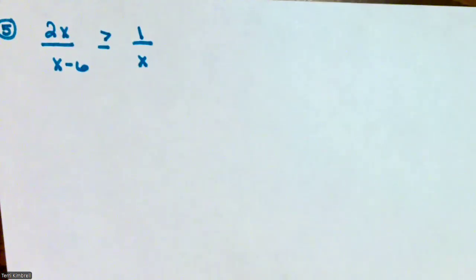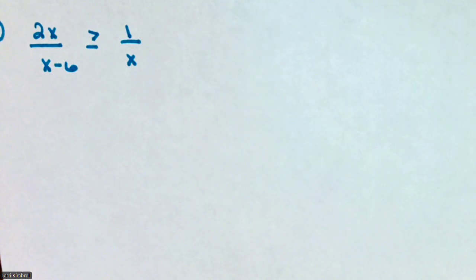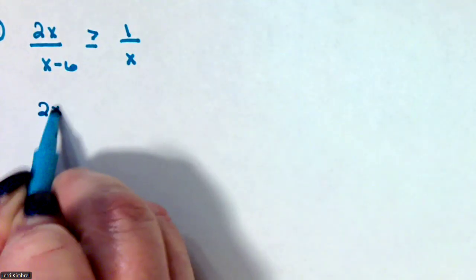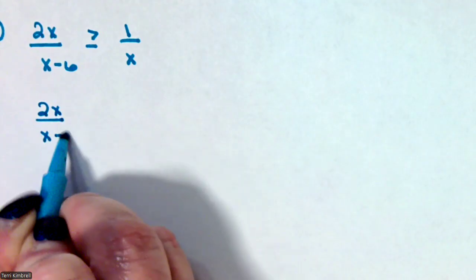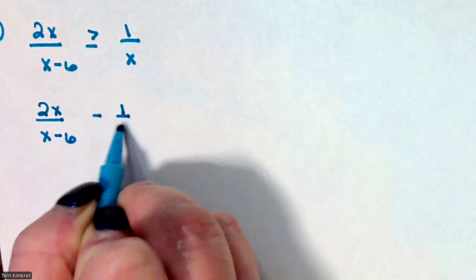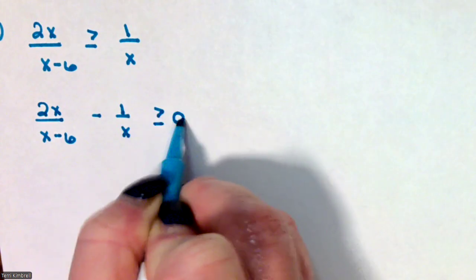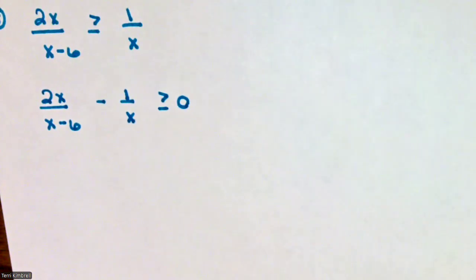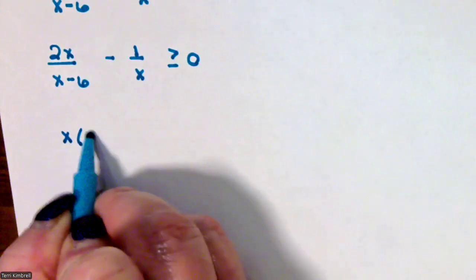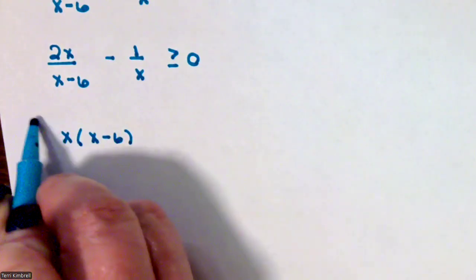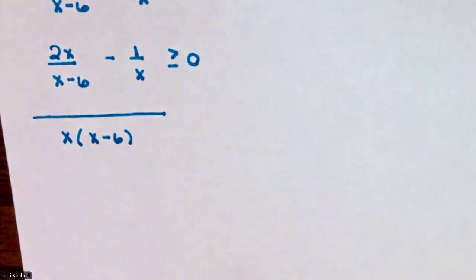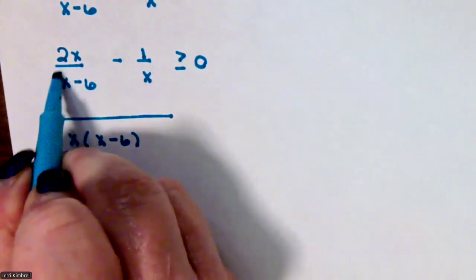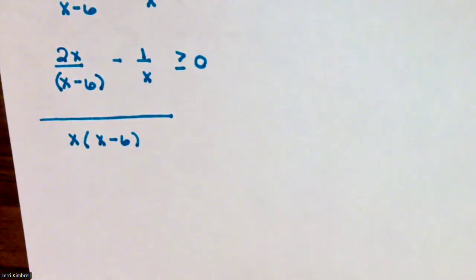Okay, so I'm going to set this greater than or equal to 0. So we'll subtract that over. And then I need to get a common denominator. So my denominator is going to be x times x minus 6 because those are different. This is different from just x.